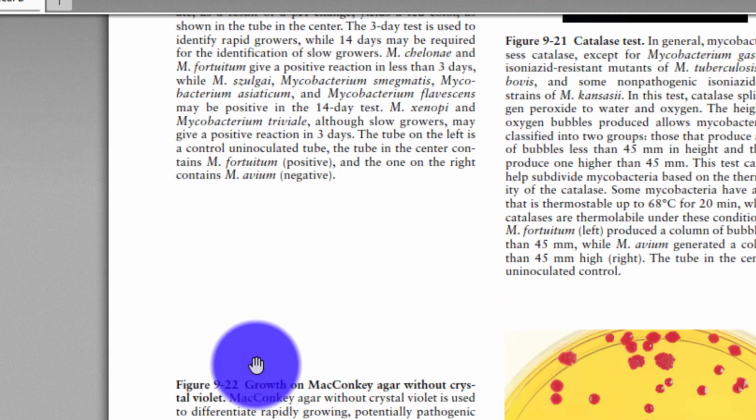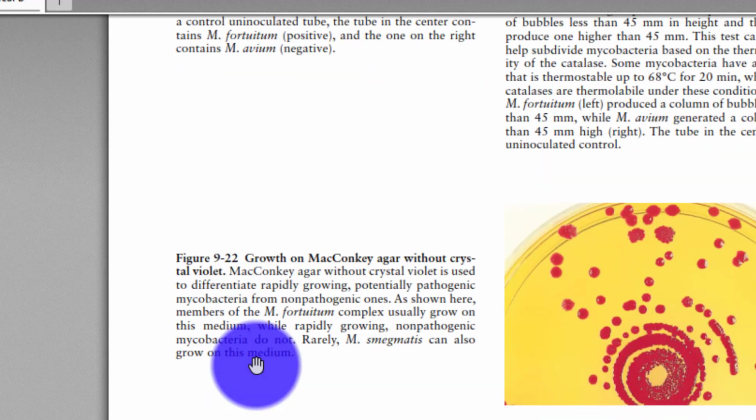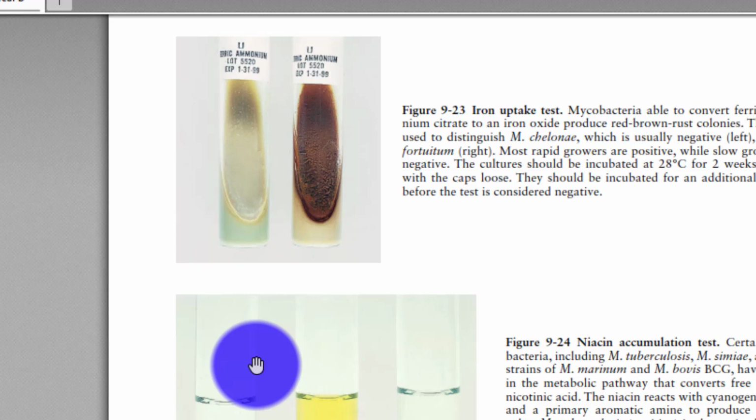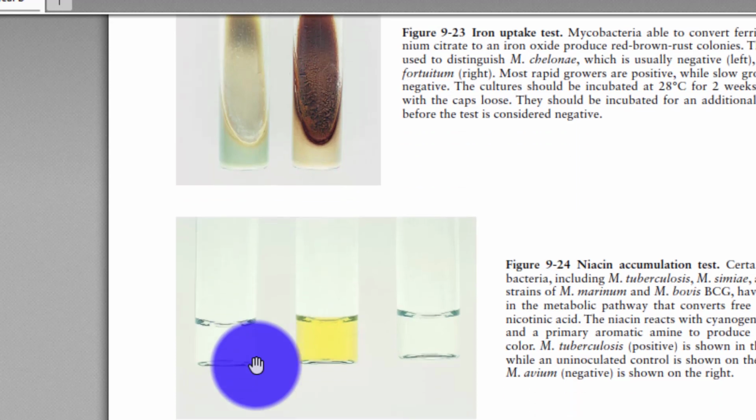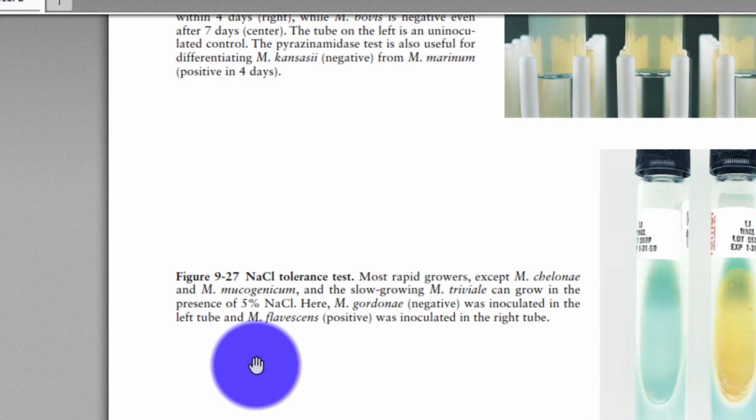Biochemical test, growth on MacConkey agar without crystal violet, iron uptake test, niacin accumulation, biochemical test.